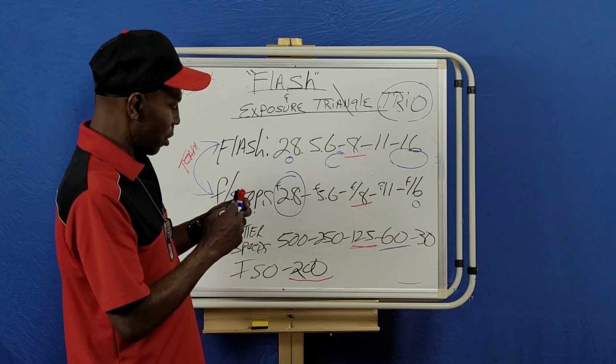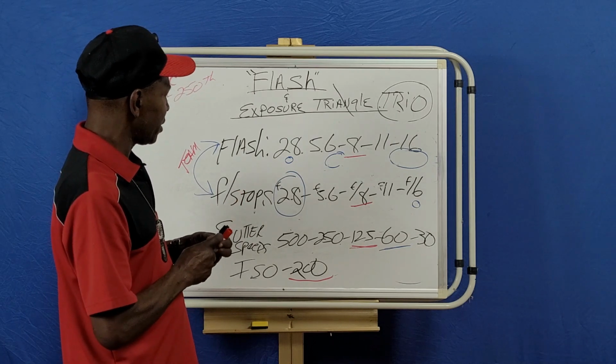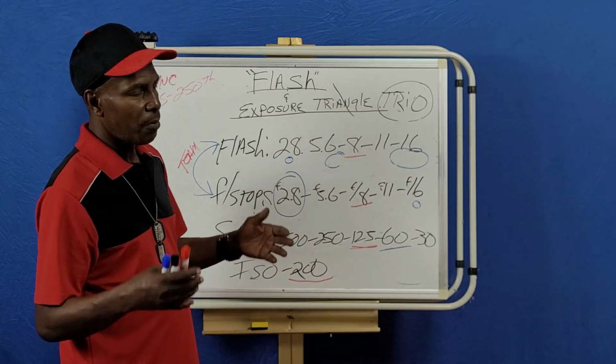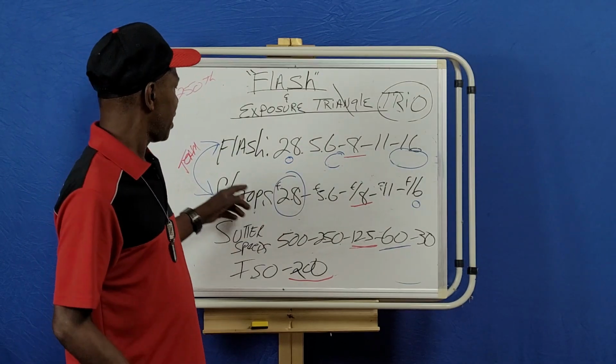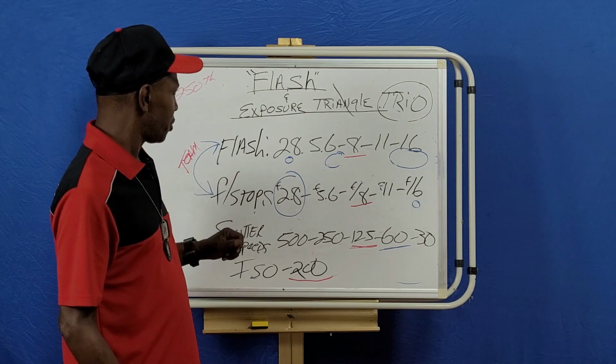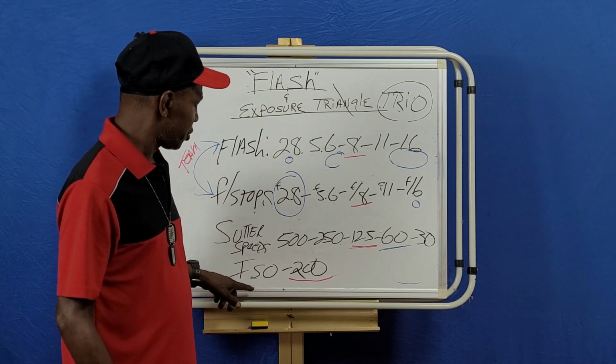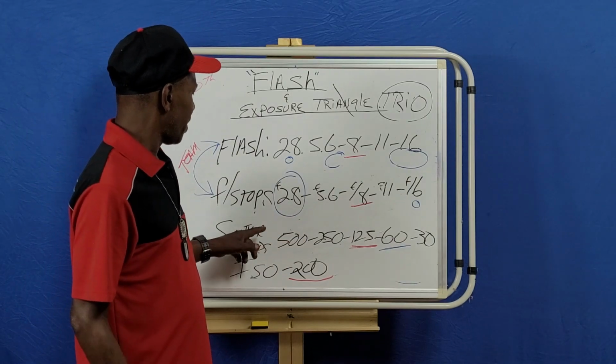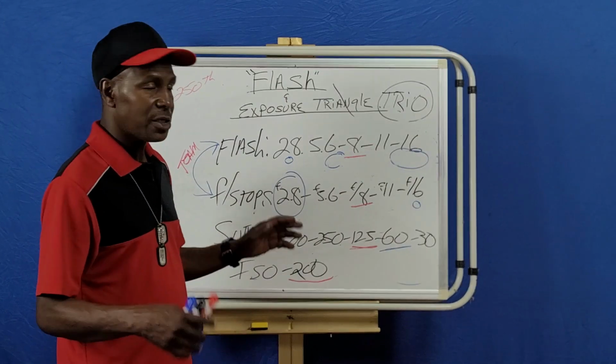So anyway, this is what I want you to remember. It's critical because people, if the background is too dark, but the subject looks good, start changing flash output, start changing f-stops, start changing ISOs, and don't think about the shutter speed, and may even start changing the shutter speeds.